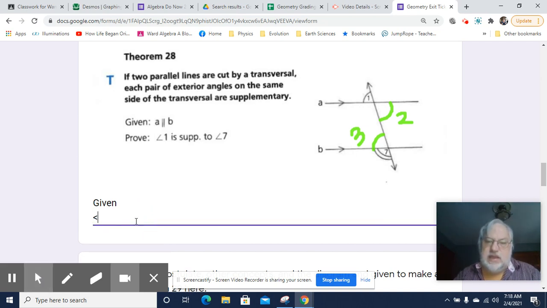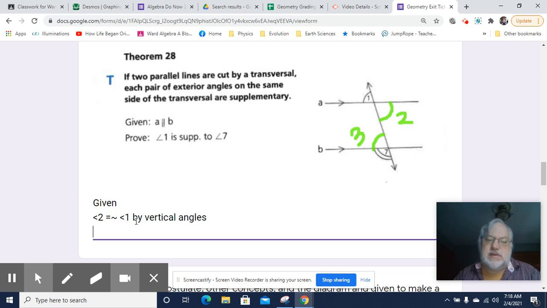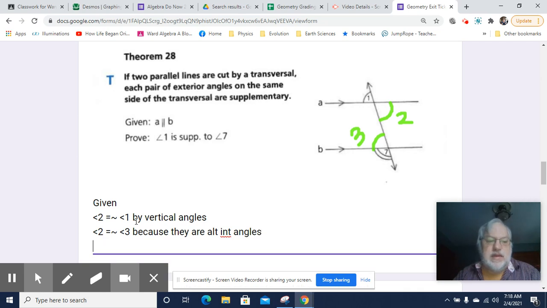But we can say that angle 2 is congruent to angle 1 by vertical angles. Okay, and then we can say angle 2 is congruent to angle 3 by the PAI postulate, because they are alternate interior angles. And then we can say that angle 3 is supplementary to angle 7 because they make a straight angle.